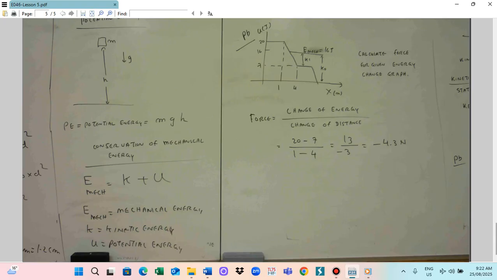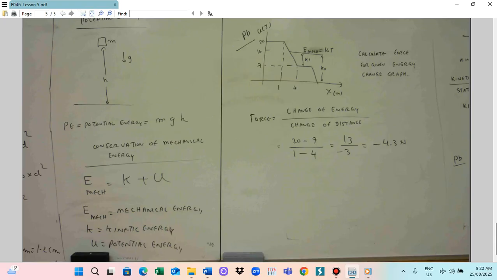E mechanical is the mechanical energy, and it is equal to K plus U, where K means the kinetic energy and U means the potential energy.